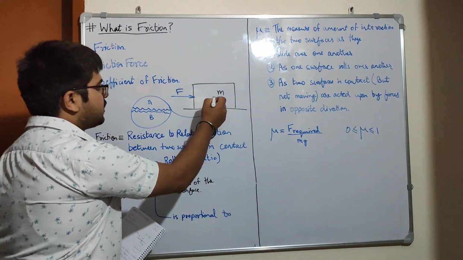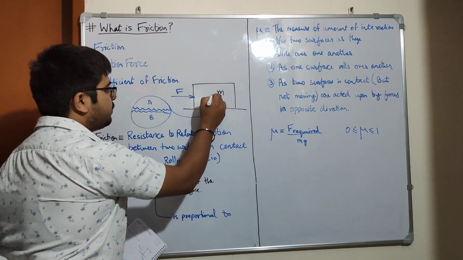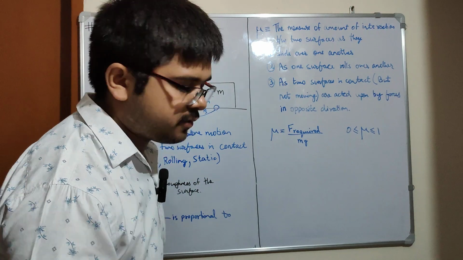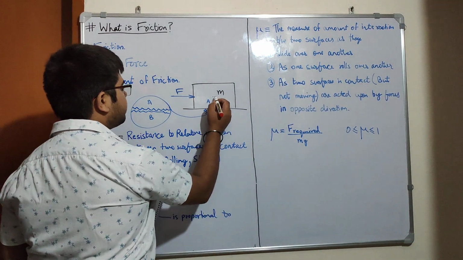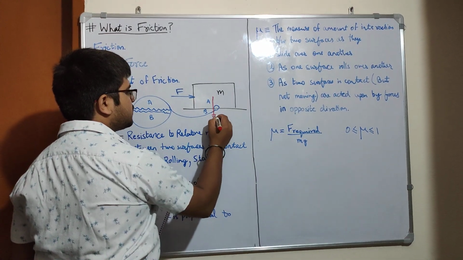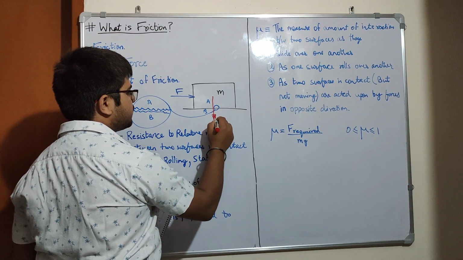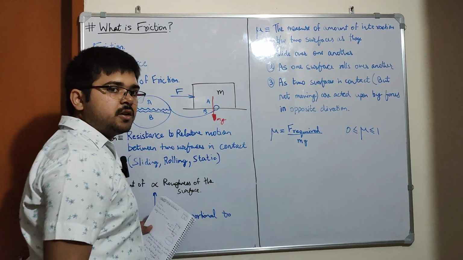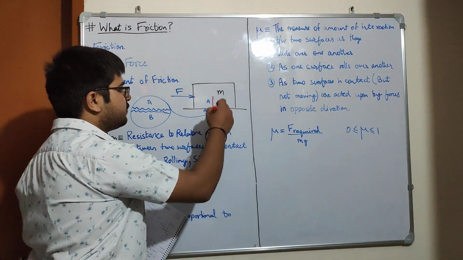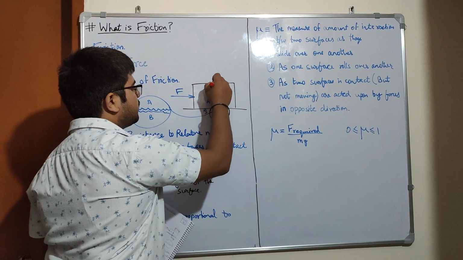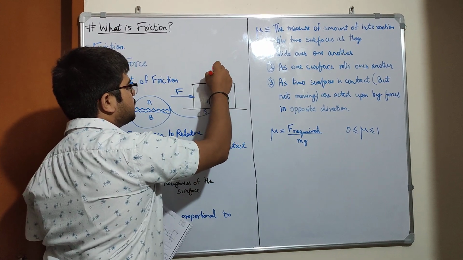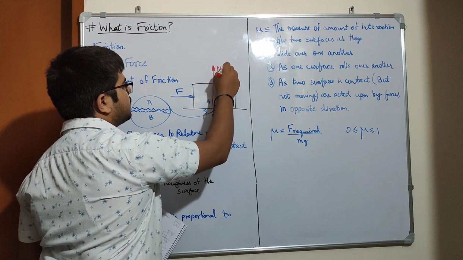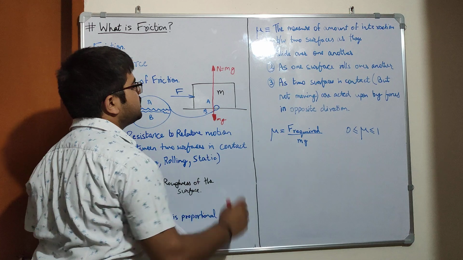So if we come back here to this example, I'll choose a different color. There will be a force in this direction, which is mg, and by Newton's third law of motion, we'll have an opposite force in this direction called the normal force, which will also be equal to mg.